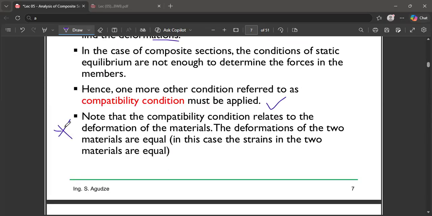Note that the compatibility condition relates to the deformation of the materials. The deformation of the two materials is equal. That is, in this case, the strains in the two materials are equal.